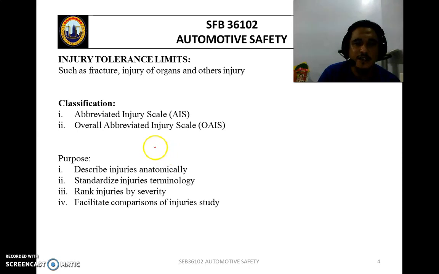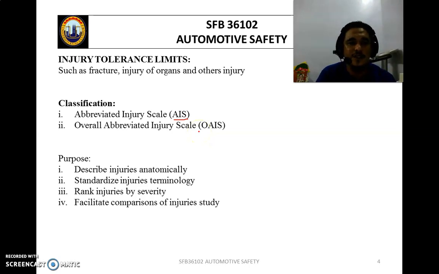So it is known as the abbreviated injury scale (AIS) and the overall abbreviated injury scale (OAIS). AIS refers to individual injuries such as hand or leg. But OAIS, the overall abbreviated injury scale, refers to the overall human body after the collision, after the accident.